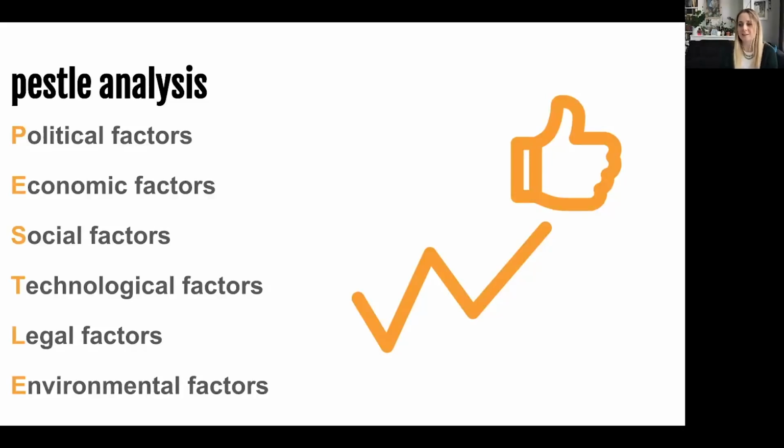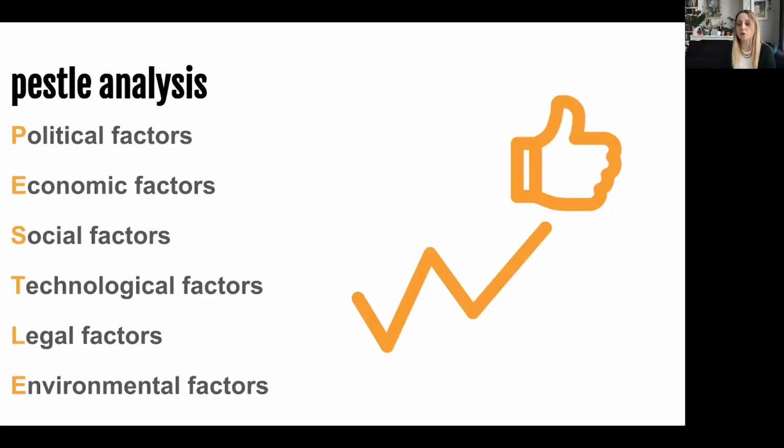PESTLE analysis consists of various factors that affect the business environment, and each letter in the acronym signifies a set of factors. These factors can affect every industry directly or indirectly, and both positively and negatively. So for the PESTLE analysis, we're looking at political factors, economic factors, social factors, technological factors, legal factors, and environmental factors.